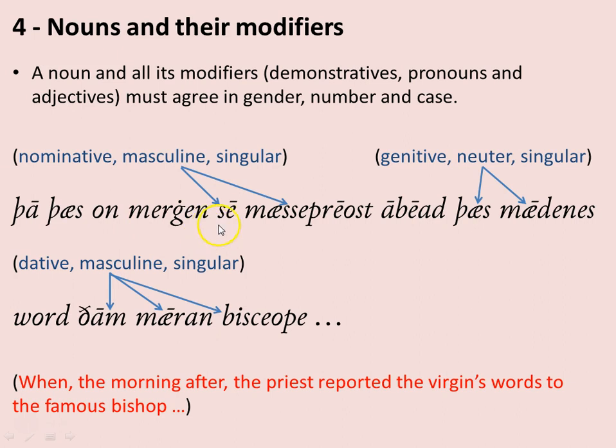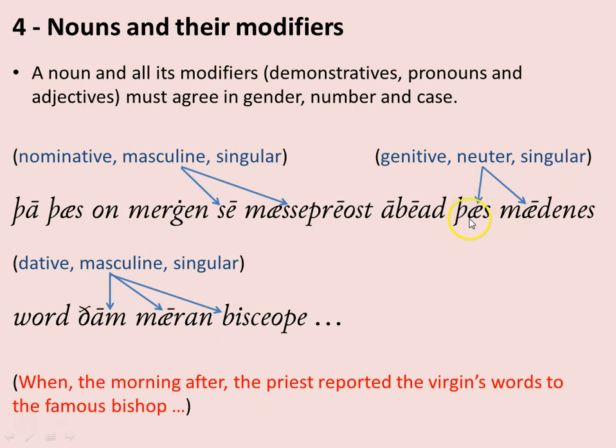If you have a look here, se and mæssepreost, priest, are both nominative, masculine and singular. Over here, þæs mædenes, the genitive, as in the maiden's, referring to a single maiden, but in possessive, neuter and singular.